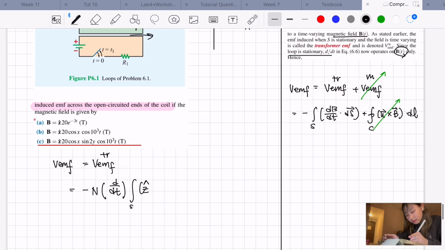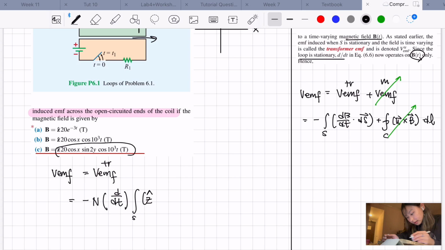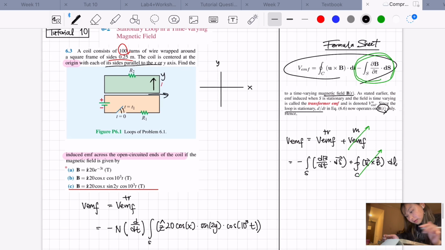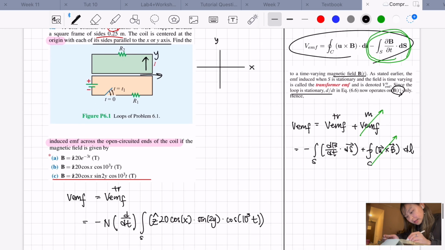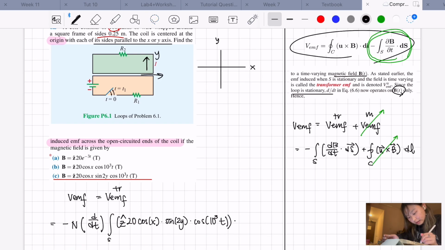of the surface integral of the component they're asking for, dB/dt, which is given here. So that's 20 cosine x sine 2y cosine 10^3 t. And here, because it is given in the question that each of the sides are parallel to the x or y axis, you can have this to the side.